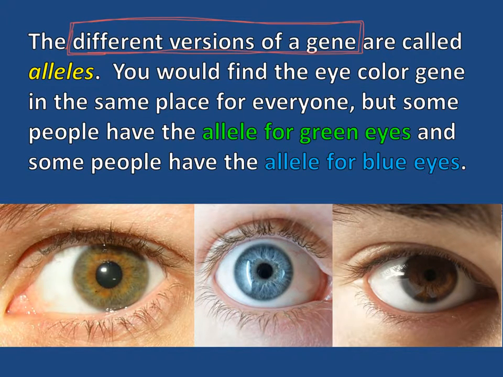For example, like the pictures on the slide. This person here has green hazel eyes. This person in the middle has blue eyes. And this person over here on the right has brown eyes. So there are different versions of the gene for eye color: green hazel, blue, and brown. So these are called alleles.